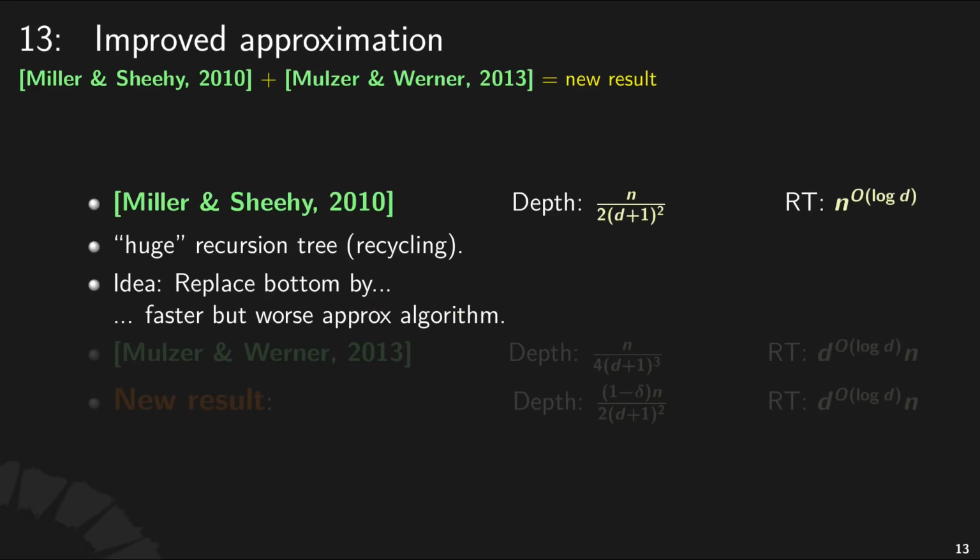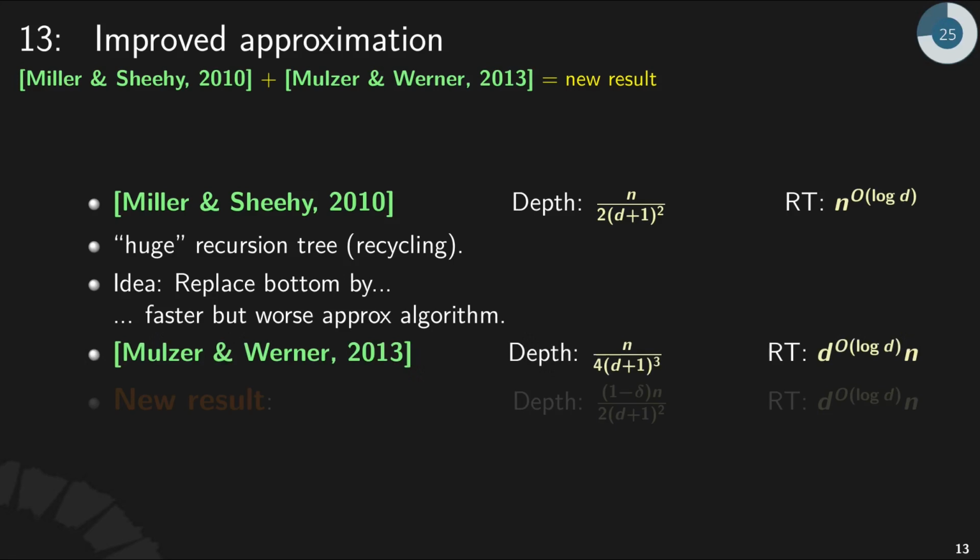So it turns out that we can take this Miller and Sheehy algorithm and think about the recursion tree that they get. They essentially get this huge recursion tree, which has super polynomial size because they're recycling points. And instead of using the Miller and Sheehy algorithm at the bottom of the tree to build the small towers at the lower level, we're going to use a different algorithm which is faster but builds a low quality tower.